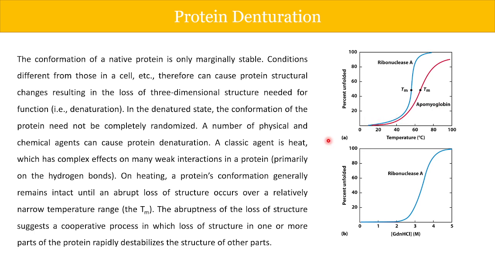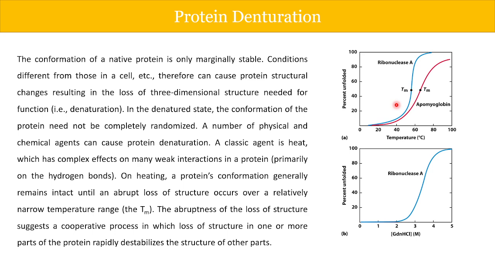So what is this Tm? Tm is the melting temperature. The temperature at which a protein is 50% folded and 50% unfolded, that is its melting temperature. So when it is 50% unfolded, that is its Tm. For ribonuclease A, the Tm is around 56, 57 degrees, whereas for apomyoglobin, the Tm is around 62, 63 degrees.